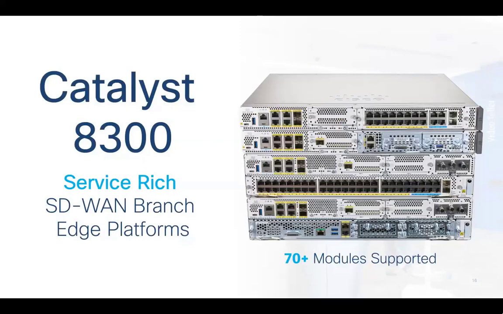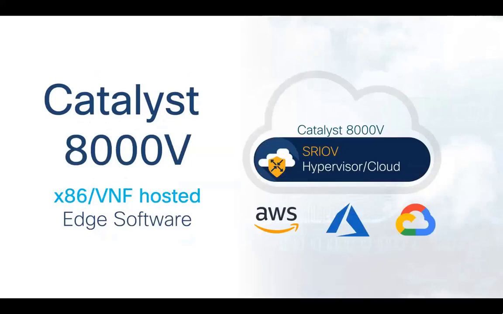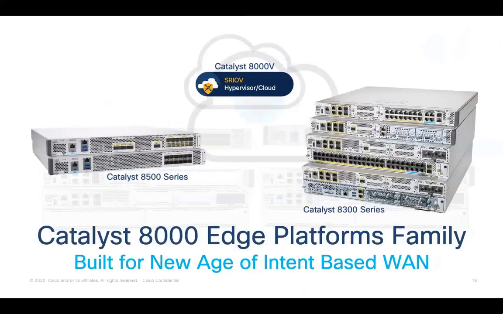And the third important thing, with virtual and cloud presence, either on x86 or VNF hosted hardware, we have Catalyst 8000V Edge software as part of the 8000 Edge family. It will be hosted in any of the public clouds that we have today. So this completes the family that we are launching with Catalyst 8000 Edge Platforms family.